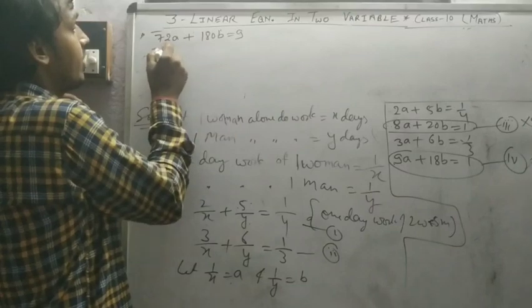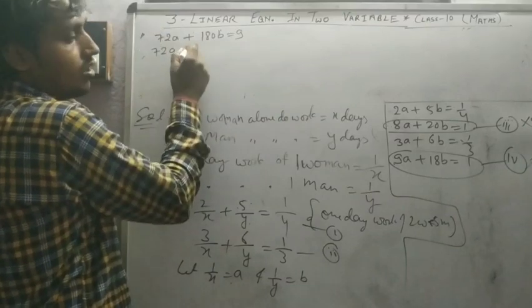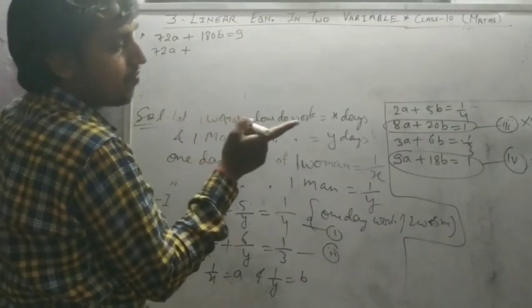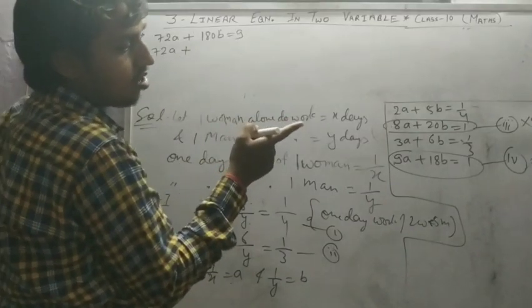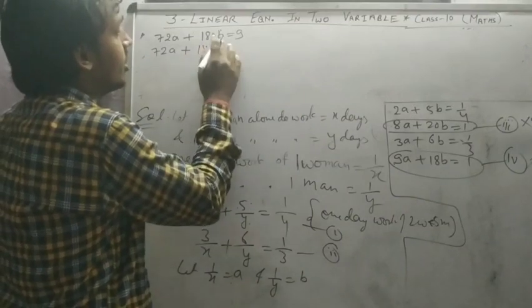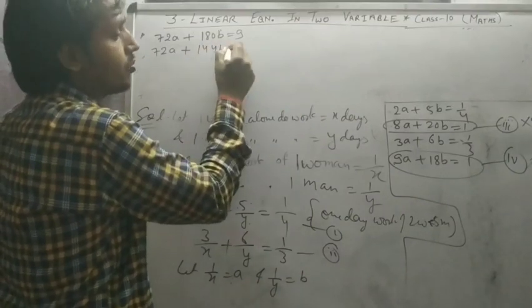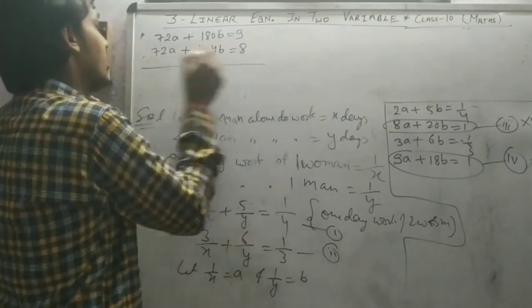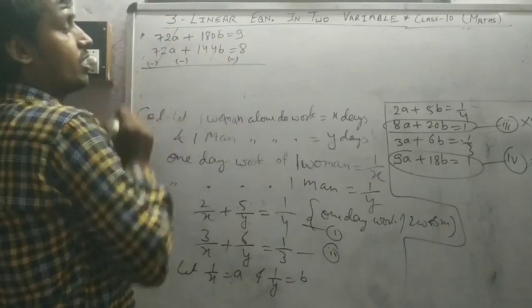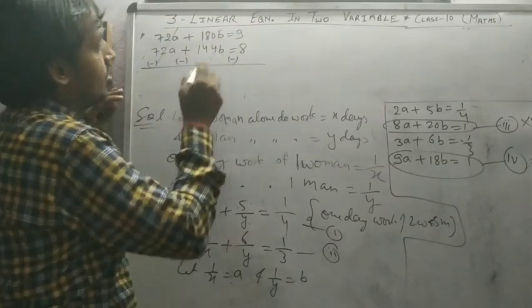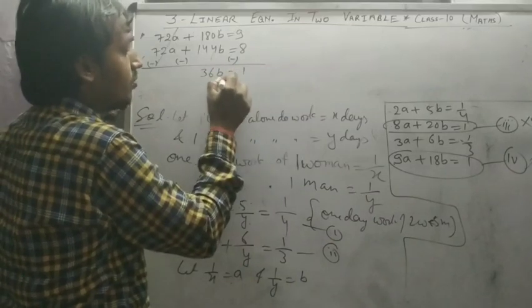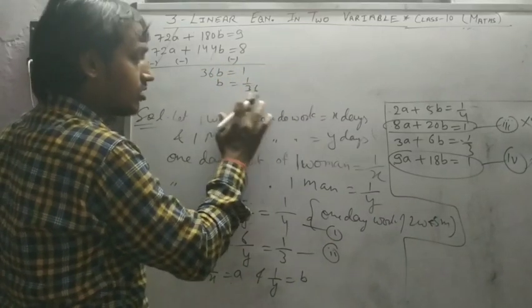Multiply by 8: 72a plus 144b is equal to 8. Subtract them, 72a cancels out. 180 minus 144, so 36b is equal to 1. b is equal to 1 upon 36.